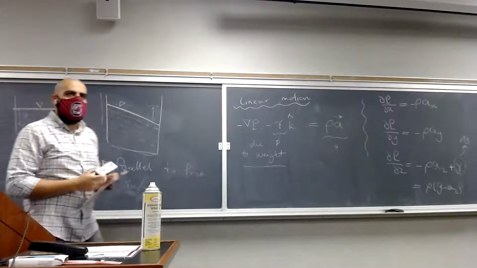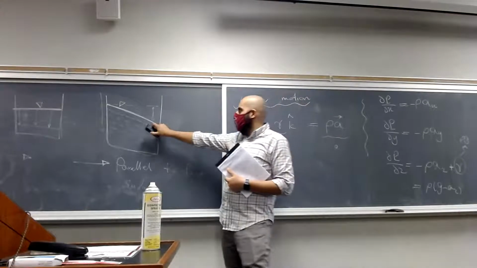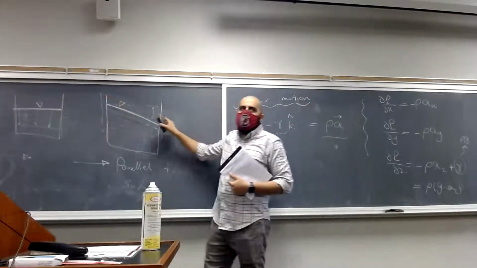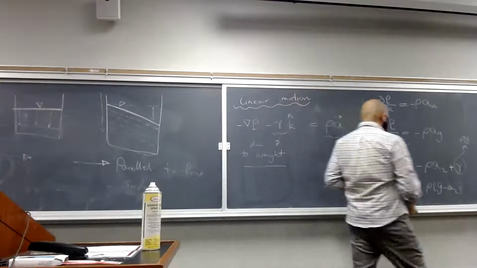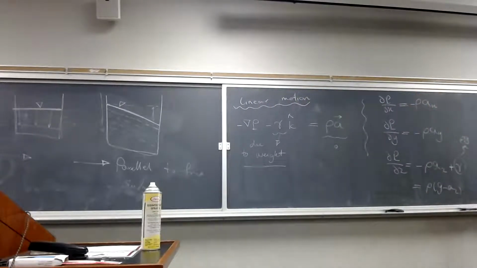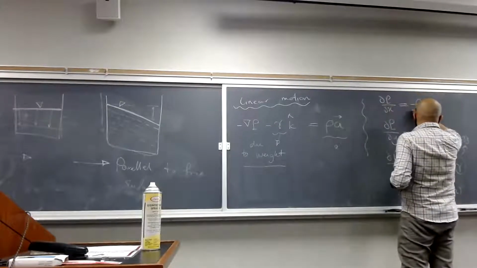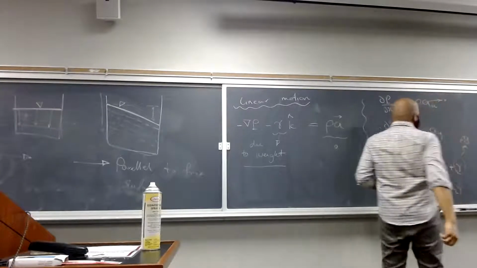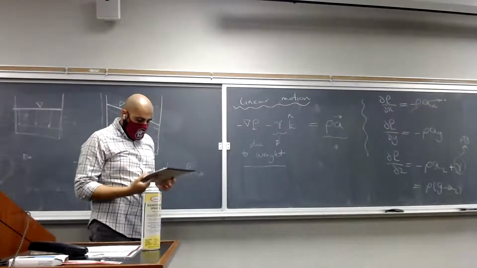So one of the goals here is to find the slope of this line, the slope of the constant pressure line. But how can we find that? Let's come to these equations. These equations here, the idea was there is no motion in the x direction. So there won't be any acceleration in the x direction as well.